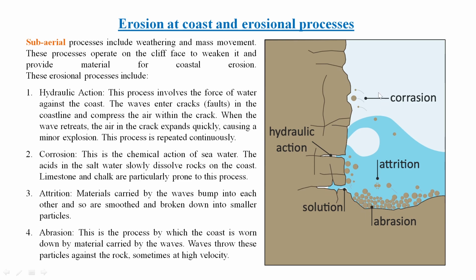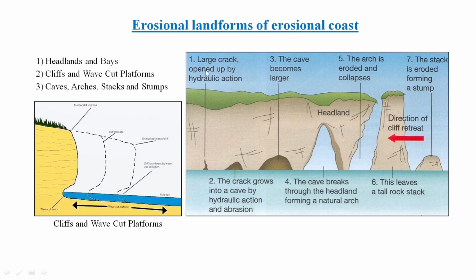So you have these processes of hydraulic action and corrosion, then attrition and abrasion, that will always be responsible for the erosive nature of the coastline. Now, if I look at the landforms that are formed purely by these erosional processes, the first one that is very characteristic is the cliffs and wave cut platforms like this.